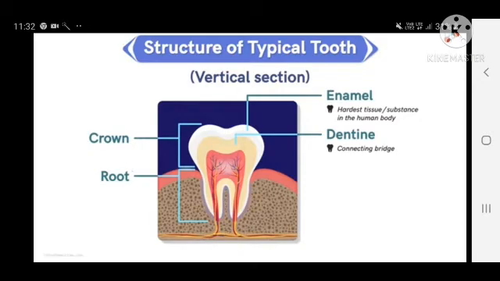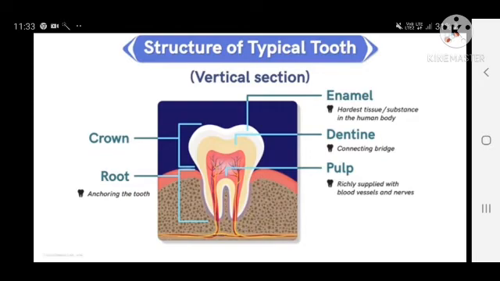Then the part of the tooth which is embedded inside the gum is called the root. The part between the crown and root forms the neck. Root is embedded inside the gum and crown is above the gum. Crown is covered with enamel and dentine.